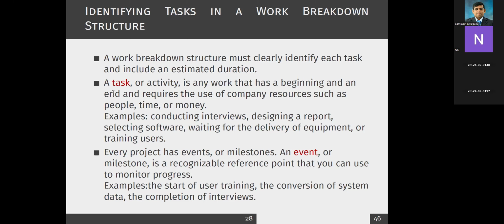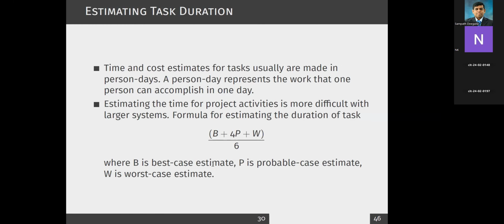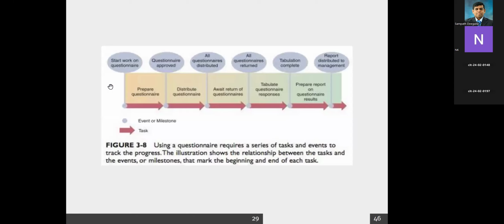Then you have events, right? For example, start of user training, conversion of system data, completion of interviews. These are called events. So you have events, and then you have tasks.